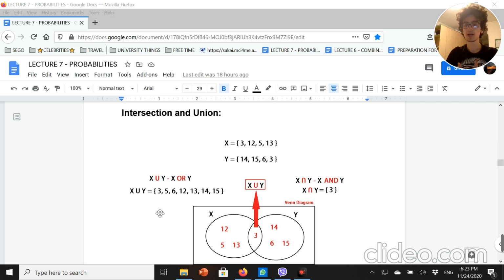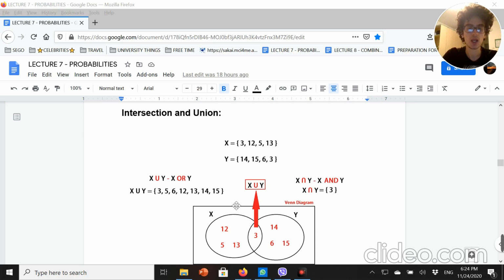And when combining, when you have common elements, you don't write them 2, 3, or more times. So what is it going to look like for us? The union of X and Y will be the set that consists of numbers 3, 5, 6, 12, 13, 14, and 15. You noticed that we have number 3 in both sets, but we didn't write it 2 times. We just wrote it once.